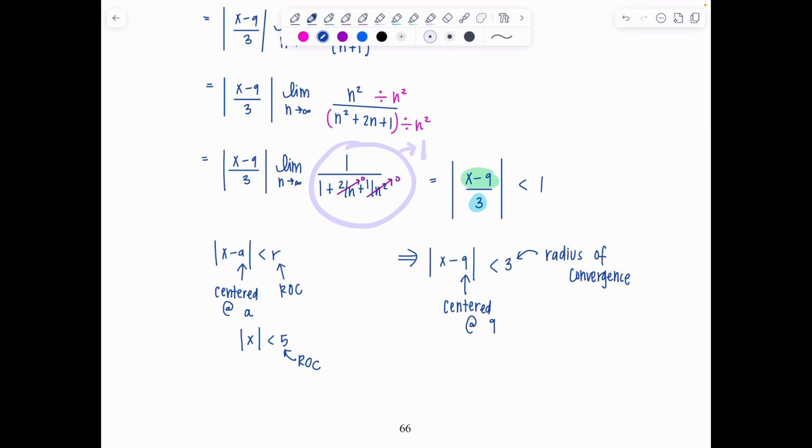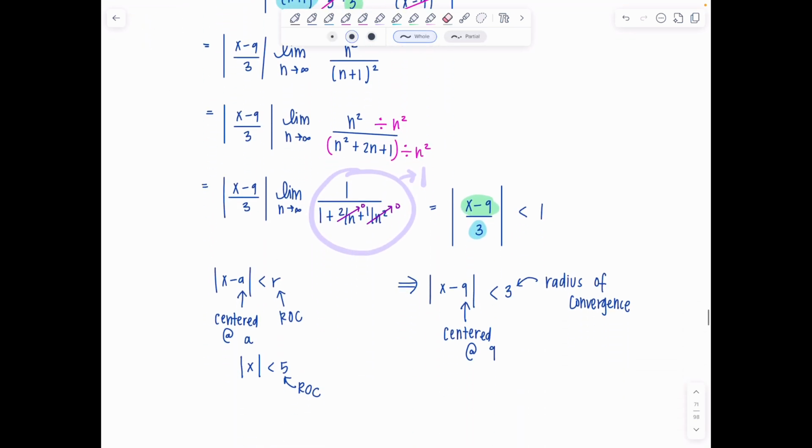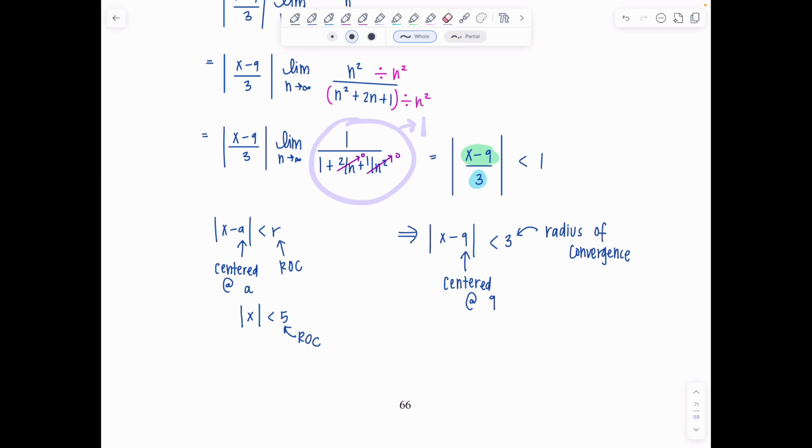So if you want now the full interval of convergence, which they did not ask for, you would keep going and solving the inequality. I'm just going to start it so you can see how it's centered at 9 and the radius is 3. So we can answer the question right now. The radius of convergence is 3.